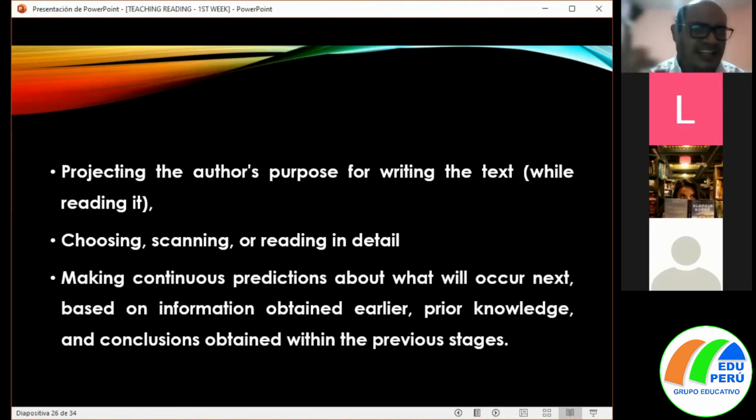So notice all the things that you're going to do in the metacognitive view. You're going to make continuous predictions about what will happen next, all right? Based on the information that you obtained earlier, or prior knowledge you have, and conclusions that you obtained within previous stages.